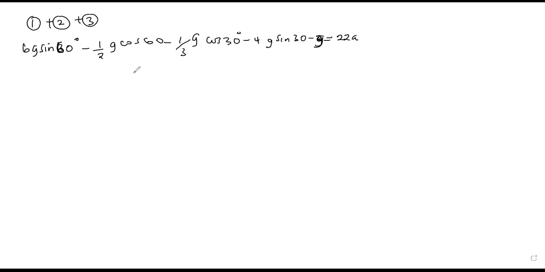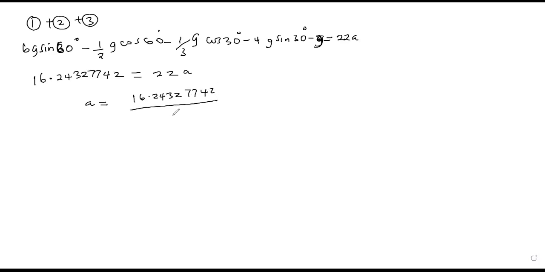The right-hand side is 22A. So when you work on this with the calculator, 6G sine 60, sorry, half G cos 60, third G cos 30, 4G sine 30 degrees, this will all reduce to 16.24327742, and this is equal to 22A, meaning that A is 16.24327742 divided by 22.